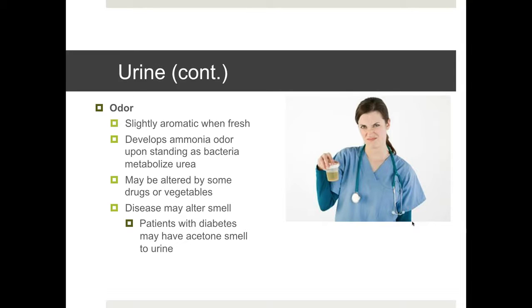It might even change your urine color to blue or green, something very strange. Or it might cause a more pungent smell. Certain vegetables that you eat, like asparagus, will change the scent, and disease may also alter smell. For instance, patients with diabetes may have an acetone smell to their urine.